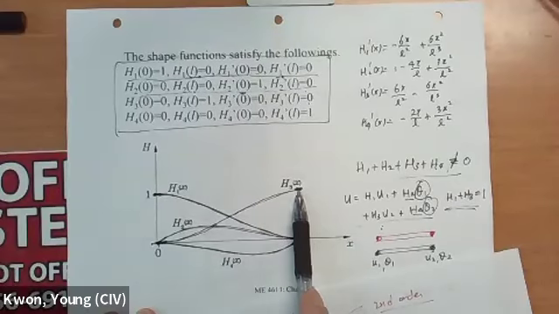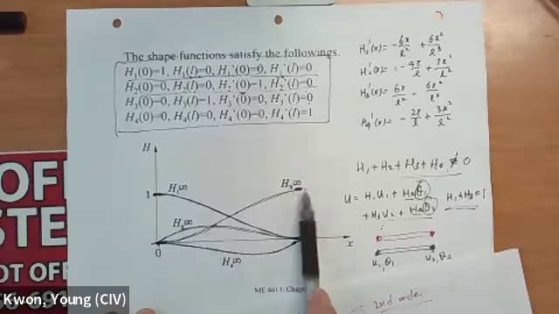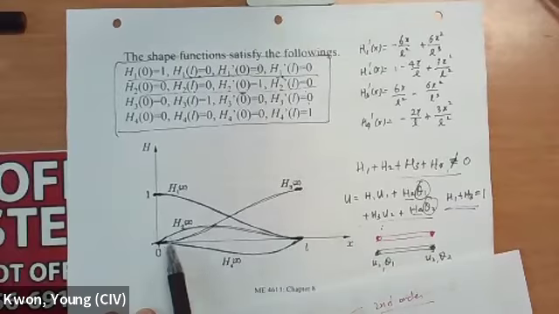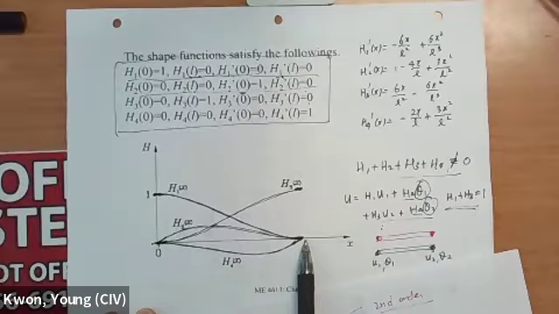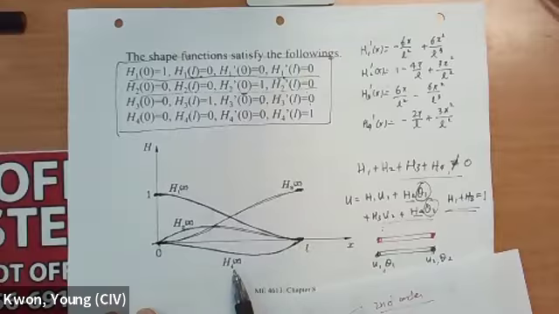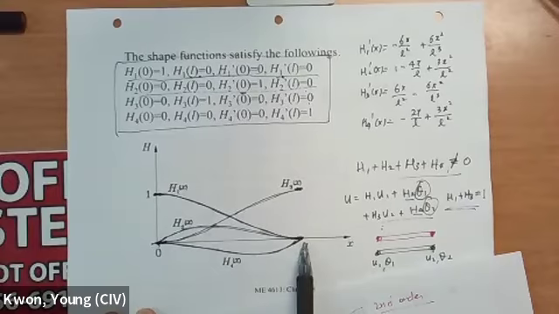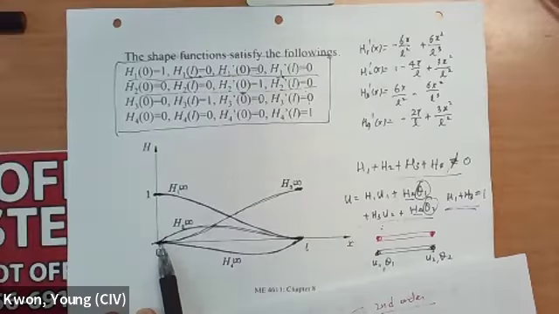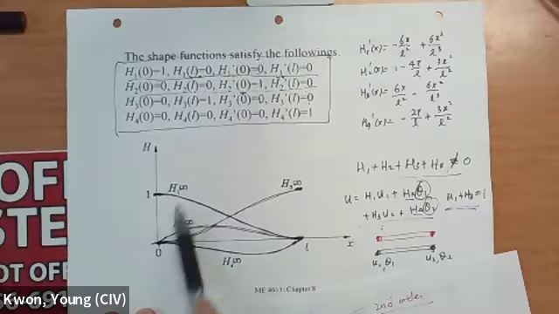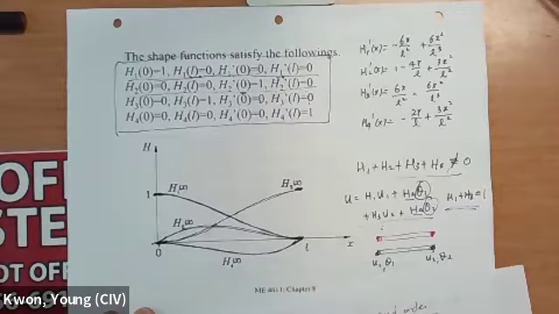Same thing for the third one: magnitude is 1, but slope is 0. But the second one is 0 value at both ends, but slope is going to be 1 here and 0 at the other end. And the fourth one also has 0 value, but slope is 1 on the right side and 0 on the left side. So that's going to be the proper shape function.